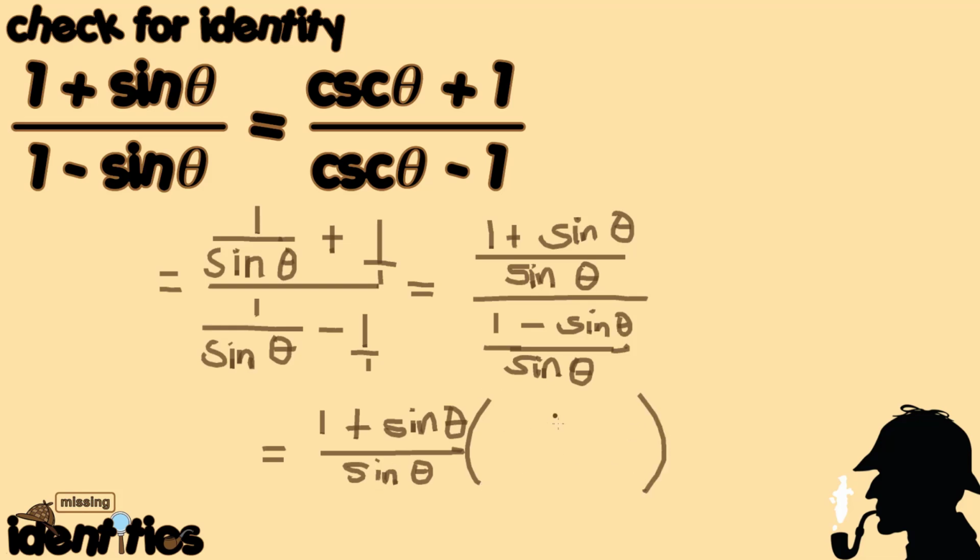So keep, change, and flip this, reciprocate. You flip or you give its reciprocal, 1 over 1 minus sine theta over sine theta. Now, instead of division, we have here multiplication because we have kept, changed, and flipped our expression.